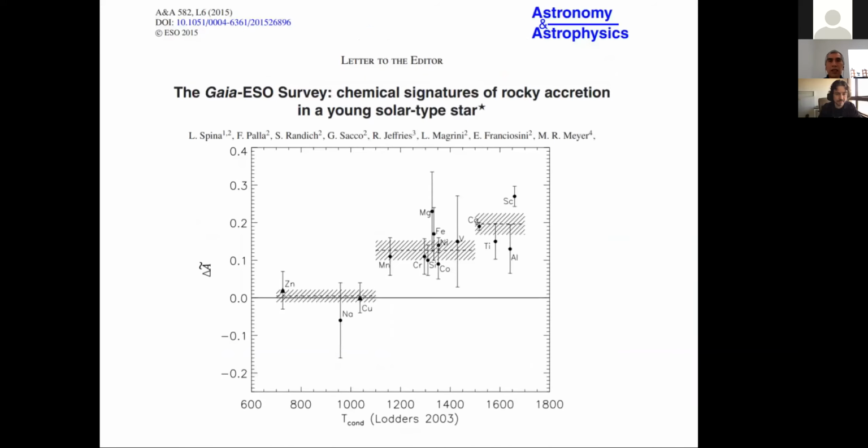When they looked at this star in more detail, they found that apparently this star is not just rich in iron, but it seems that it has some trend with condensation temperature. So again, this may be a signature of planets, actually of rocky accretion.